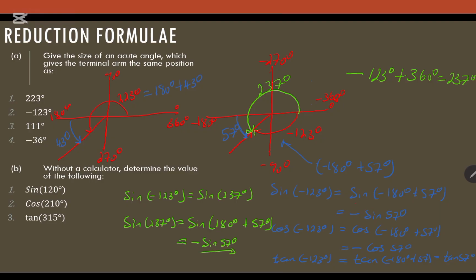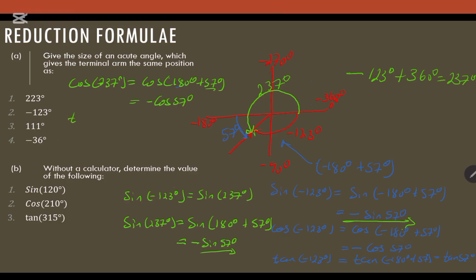Now, cos of negative 123 is the same as cos of 237. So cos of 237 degrees is the same as cos of 180 degrees plus 57 degrees. Now this will give you negative cos 57 degrees. This 57 degrees is our acute angle that gives the same position as 237 degrees.